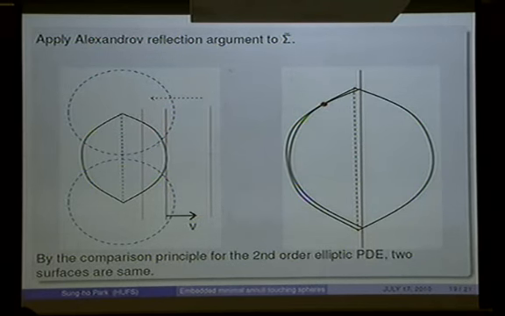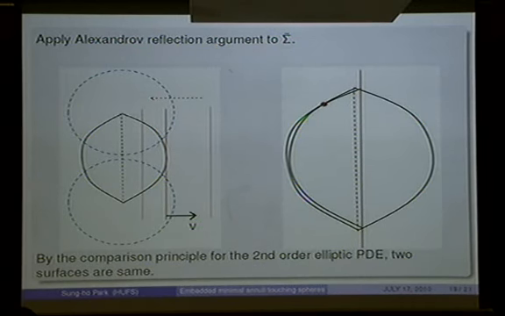And at some point, this red line represents a plane perpendicular to the vector V, and at some point the original surface and the reflected surface should be tangent at an interior point. And then I can apply the comparison principle for second order elliptic PDE, and then the original surface and the reflected one should be the same thing. So I obtain a reflection plane, a symmetry plane.